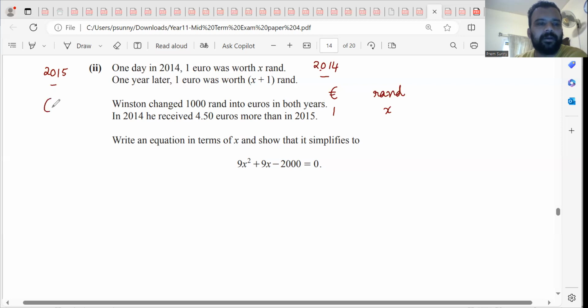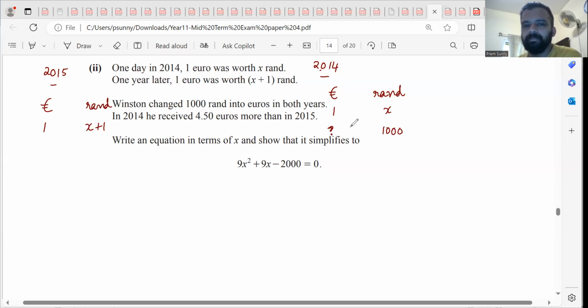Again the quantities are euro and rand. 1 euro is worth X plus 1 rand. Now Winston changed 1000 rand into euros in both years. So Winston in 2014 has 1000 rand and is converting this to euros. I'm just putting a question mark here. That is what we need to find out.